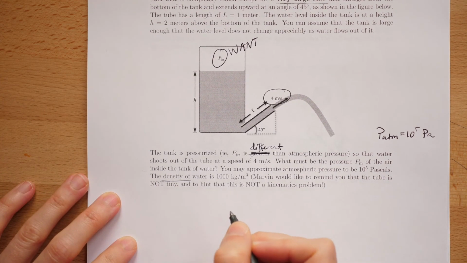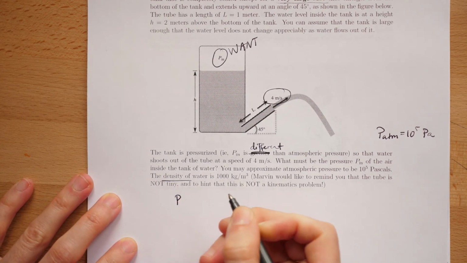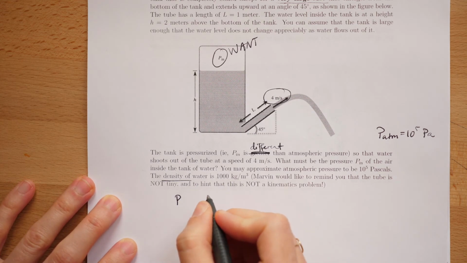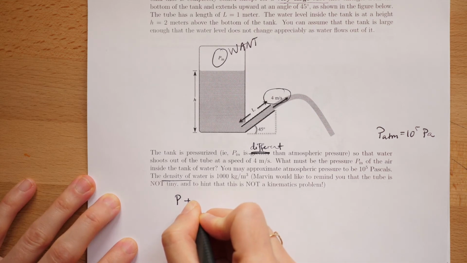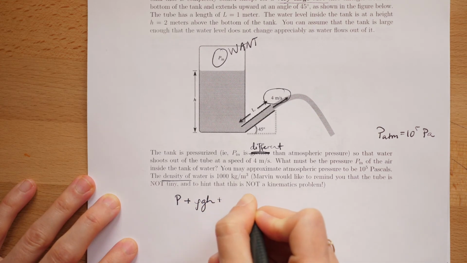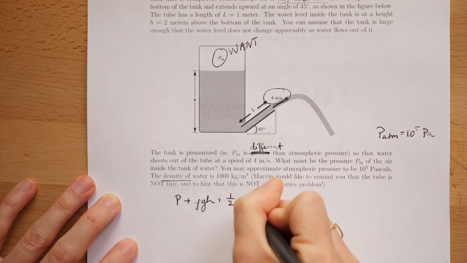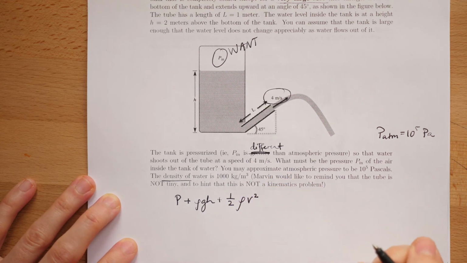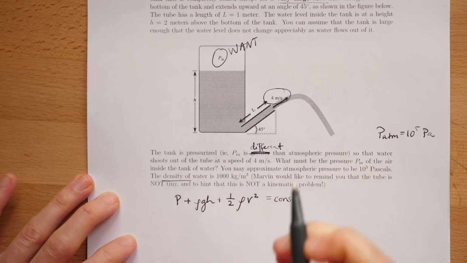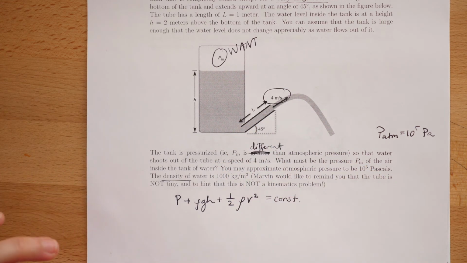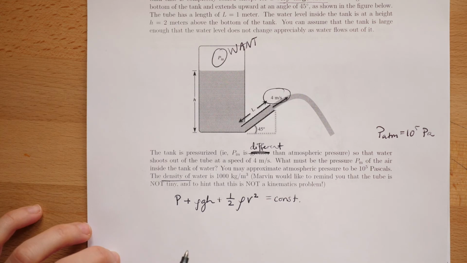Bernoulli's equation tells us that if you look along a fluid flow, the pressure at some point plus rho g h plus 1/2 rho times the speed of the fluid squared is equal to some constant. So we can look at two points along this flow and compare this quantity.